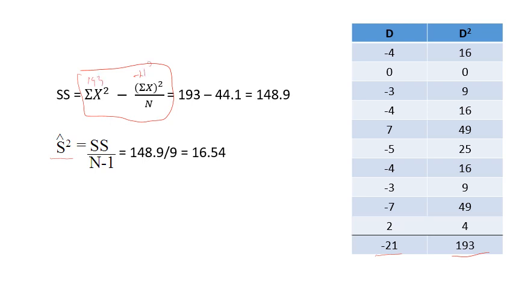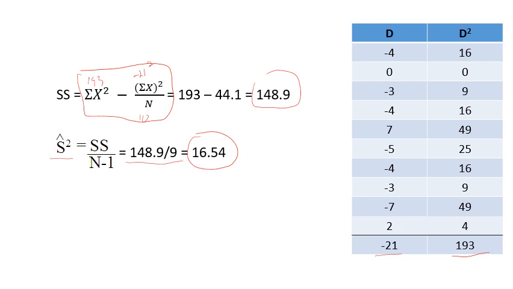But we need to take negative 21 squared, and our n was 10, if you recall. Negative 21 squared is 441, but if we divide it by 10, we get 44.1. So our sum of squares is 148.9. Plug that into 148.9 divided by n minus 1, divided by 9. We get an estimated variance of 16.54.